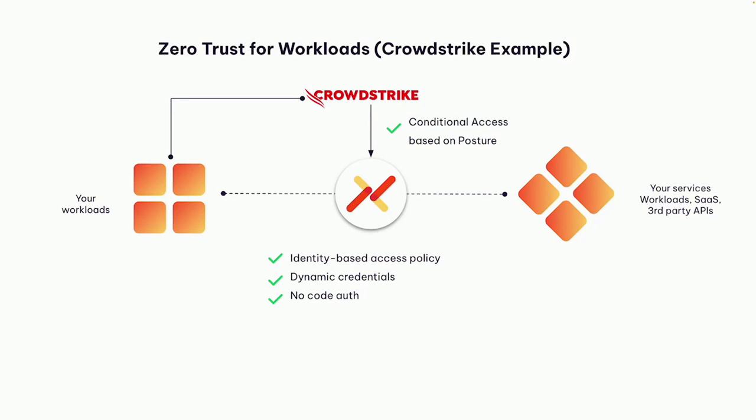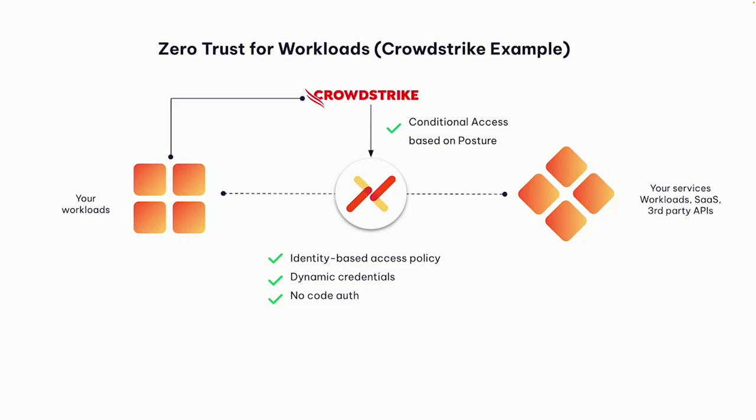In order to truly achieve zero trust, however, you also need to assess workload posture. And that's where the CrowdStrike Aembit integration comes into play. Using our ability to establish identity-based access policies and inject dynamic credentials into your workload access requests, we can then combine it with real-time conditional access based on the posture that CrowdStrike Falcon delivers to us.